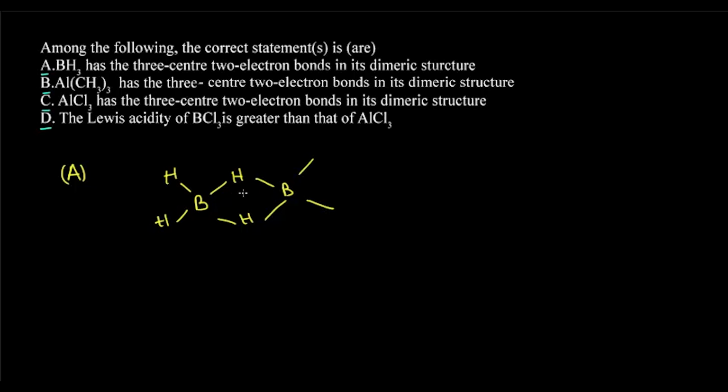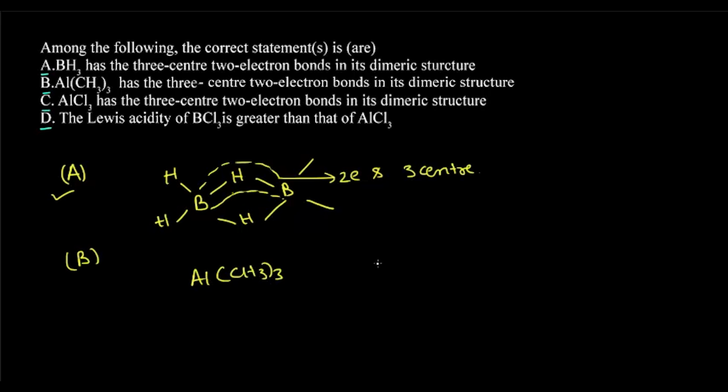Here there are only 2 electrons present and shared in these 3 centers. We also call this type of bond a banana bond. So A is correct. Second one is Al(CH3)3 has 3 center 2 electron bond, which is also correct.